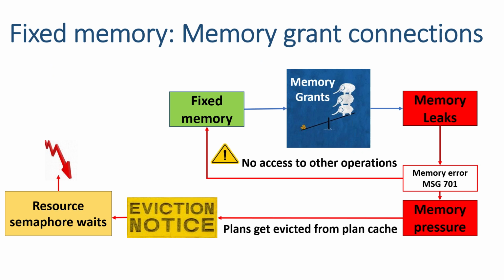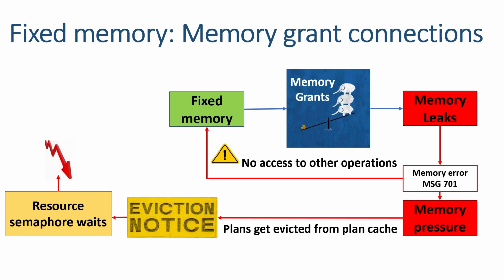In that scenario, the memory grant feedback will check how much memory was spilled to disk, how much the memory grant was insufficient, and for the next execution of that particular query, it will add the missing memory to the previous memory grant.